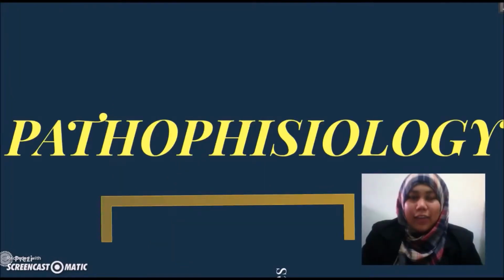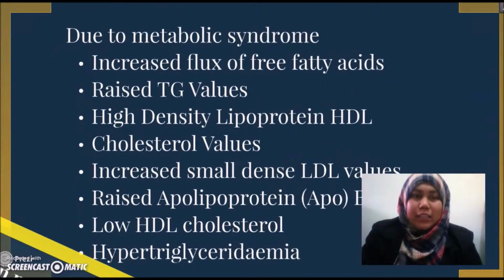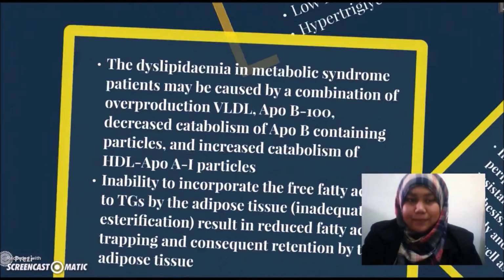Now we're going to take a look at the pathophysiology of dyslipidemia. Dyslipidemia is due to metabolic syndrome, increased flux of free fatty acid, raised TG values, high density lipoprotein HDL cholesterol values, increased small dense LDL values, raised apolipoprotein B values, low HDL cholesterol, and hypertriglyceridemia.